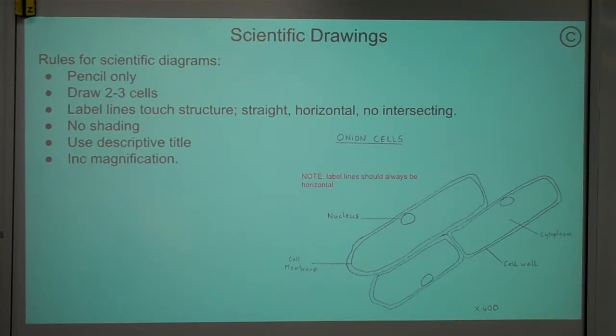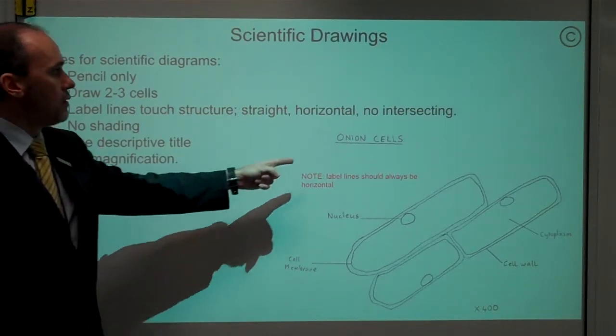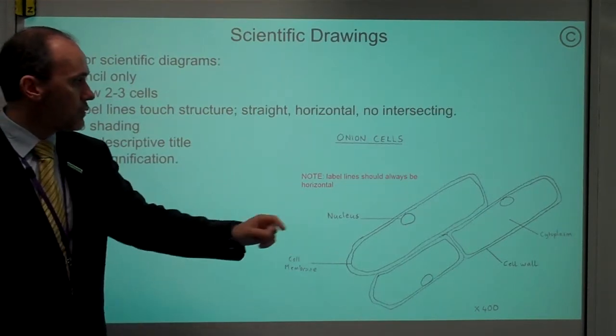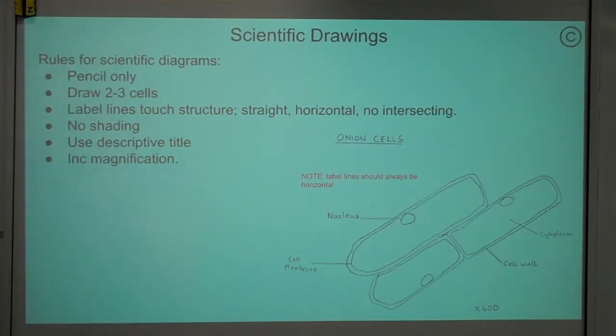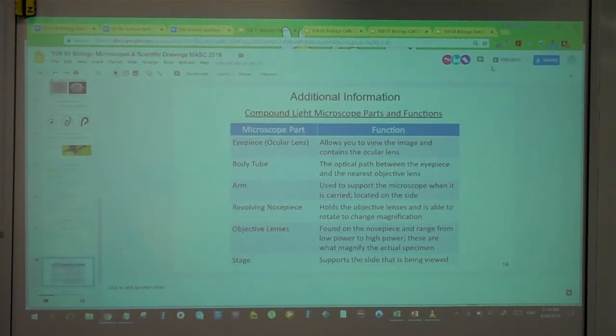But that is the convention, that every line is horizontal. Use a descriptive title, very important, and include the magnification somewhere, for example 400 times. Okay, so that's all of the information from the first couple of podcasts and that first slideshow.